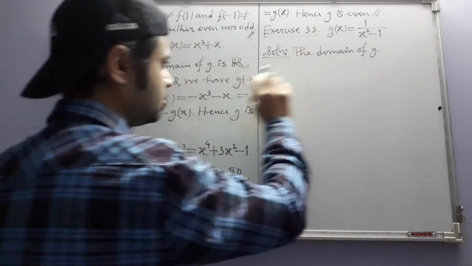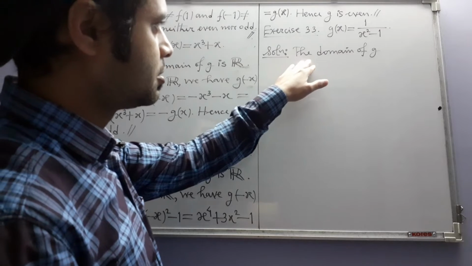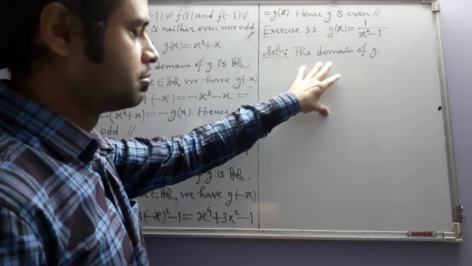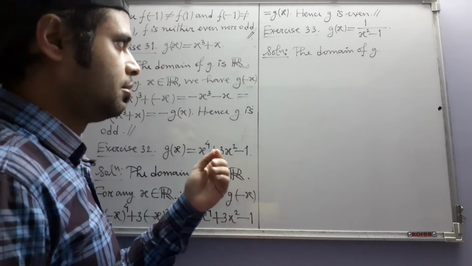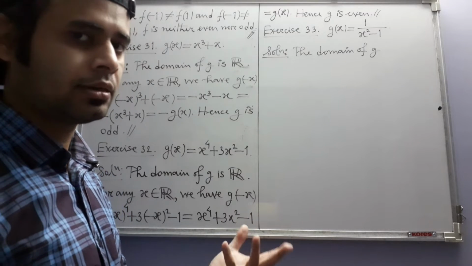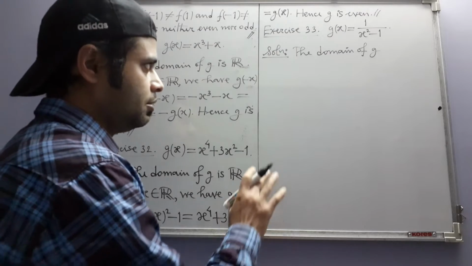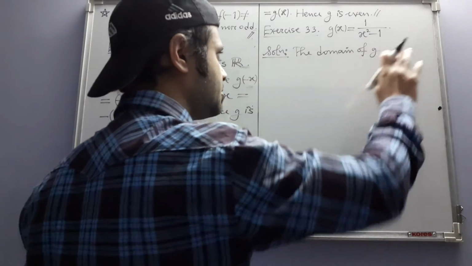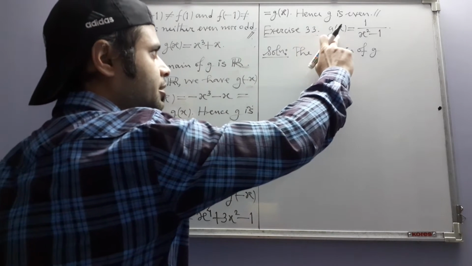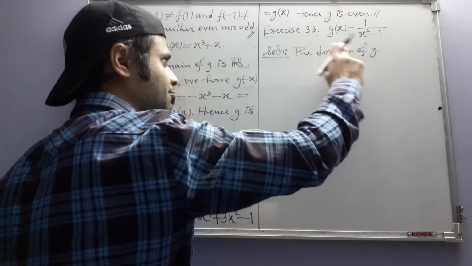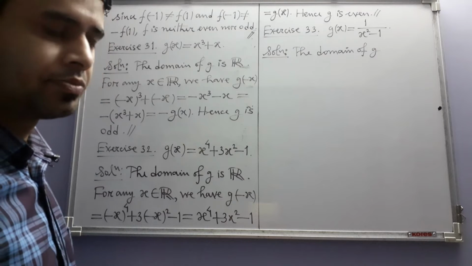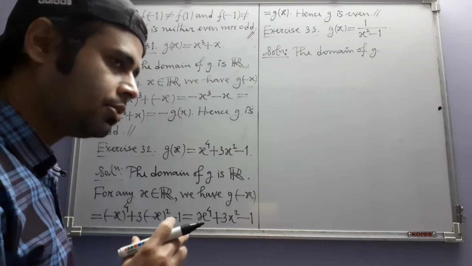And the way we are writing this sentence, it has to be interpreted under the condition that for us domain means natural domain, the largest possible domain that can be taken. If we just simply write this sentence, it is not entirely mathematically true. If we are given a formula for a function like this, it actually is meaningless. A function must always come with a domain.